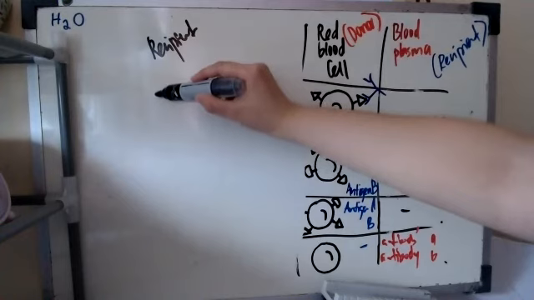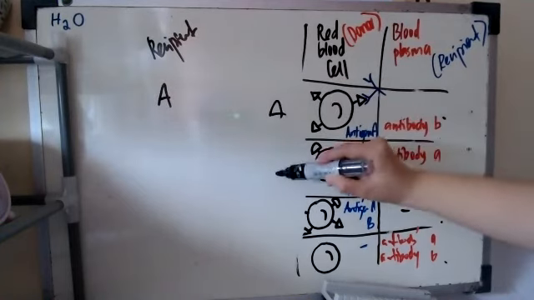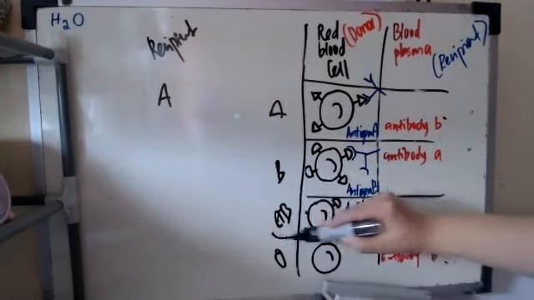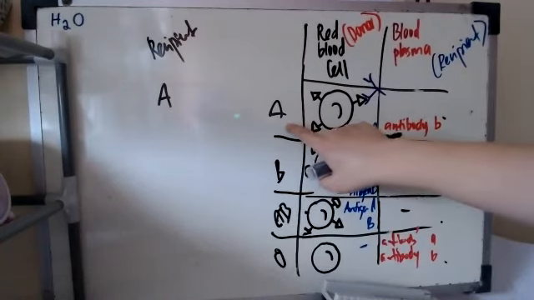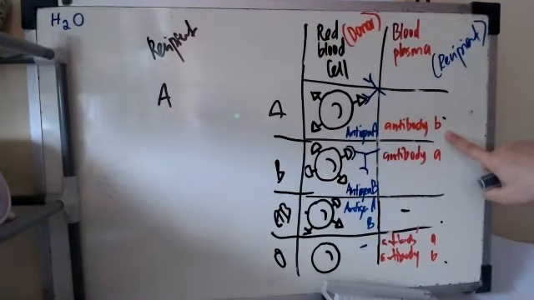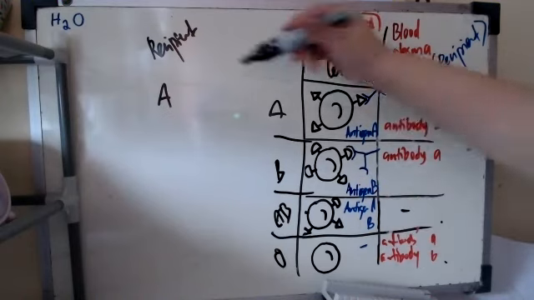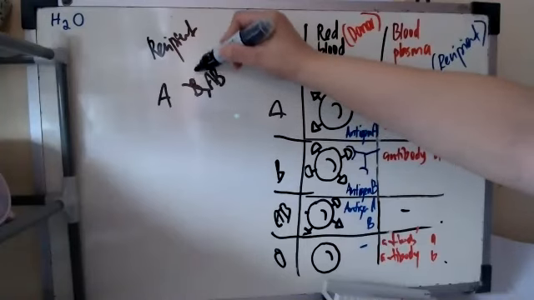Recipient of blood group A. Alright, this is A, this is B, this is AB, and this is O. A recipient of blood group A has antibody B. So if you have antibody B, you cannot have anything with antigen B. So in that case, both B and AB cannot be accepted.